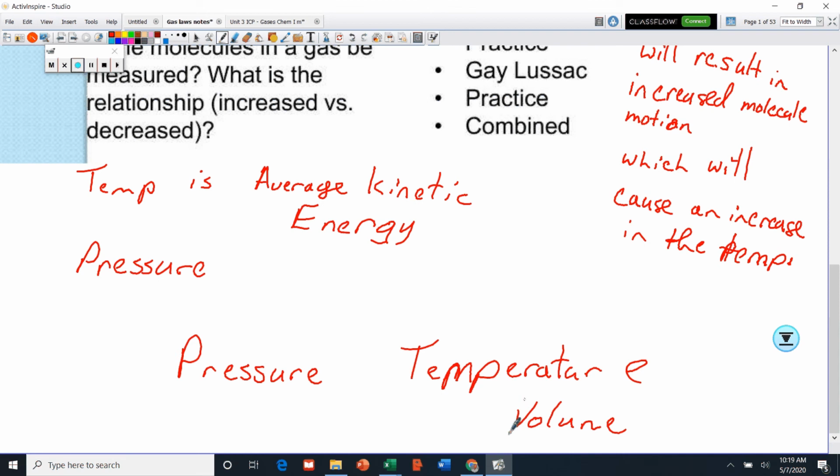If we manipulate the volume, we can manipulate the temperature and pressure. If we change the temperature or pressure or both. If we change the pressure, we also change the temperature or volume.